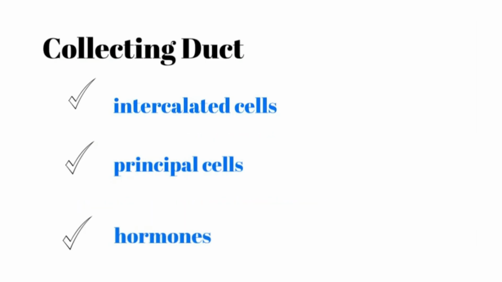The collecting duct is influenced by two particular hormones. One is ADH, which is secreted by the posterior pituitary gland. ADH stands for antidiuretic hormone. A diuretic is something that causes the body or the kidneys to release water in the urine.